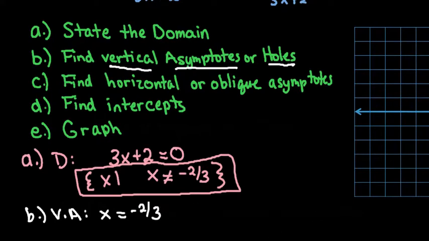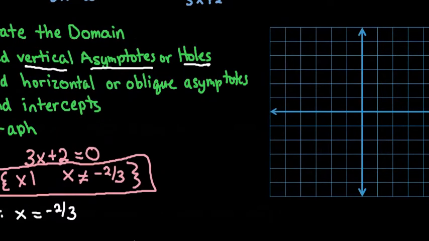If we want to put that on our graph, we could draw a vertical line at negative 2/3. This tells me that that is a restriction in our domain, that x cannot equal this. Vertical asymptotes can never be crossed. Horizontal and oblique asymptotes can be crossed.